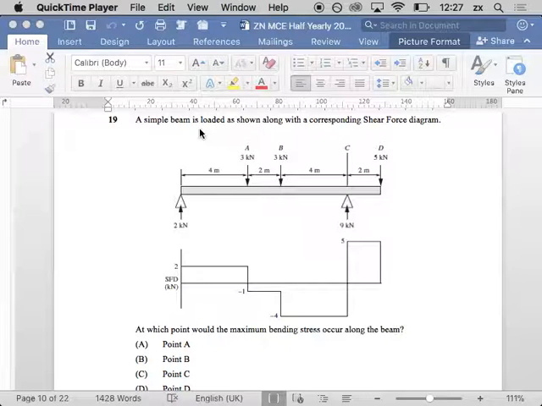Okay, if we're trying to find the area of block A, from the start of the line to A, this blue area is the same as this area minus that area. If you do that, you'll find that you'll get the same value. On the other hand, if you're trying to find the area between C and D, the area between C and D is equal to the A block minus the area below the diagram.